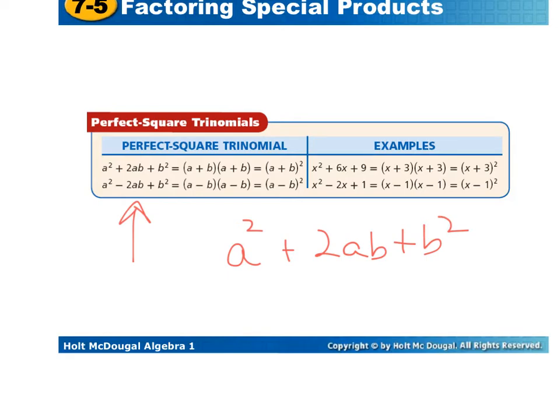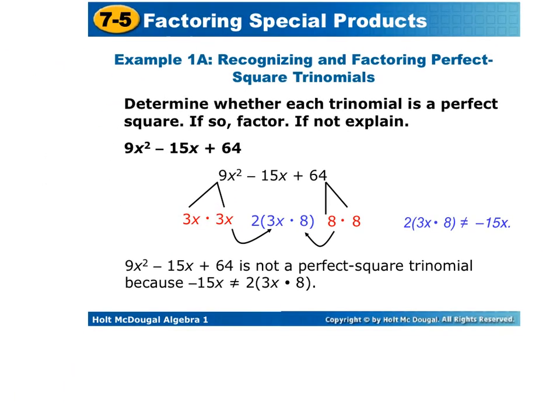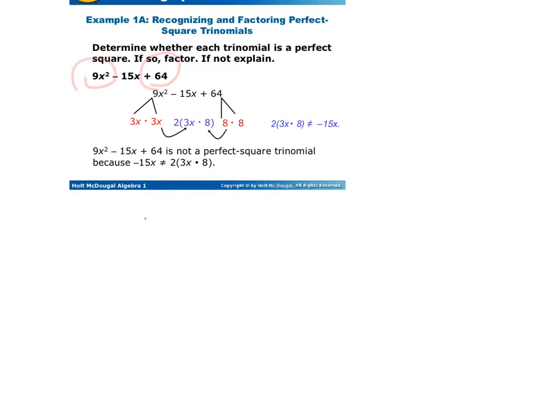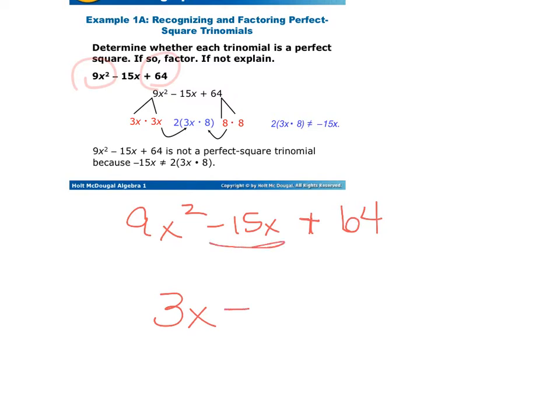All right, let's try some examples. Now, if you look at this problem, notice the number 9 and the number 64 are both perfect squares, because 3 times 3 gives me 9, and 8 times 8 gives me 64. So what we'll do here is square root the 9, square root the 64, and the sign that's in the middle of my binomial is the middle one.